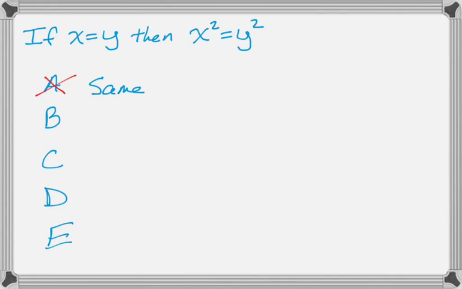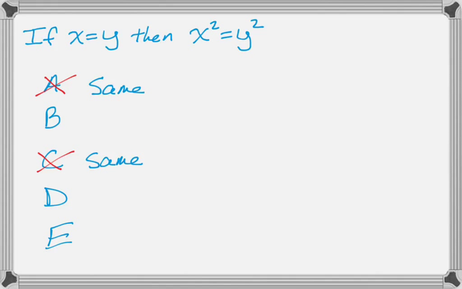Option B says a necessary condition for x to be equal to y is that x squared be equal to y squared. Honestly, when I first read that, I'm not really sure what it means, so I'm going to avoid it and see if I can get this without dealing with it. So I'll move on to option C. If x is equal to y implies that x squared is equal to y squared, that's exactly the same as the given.